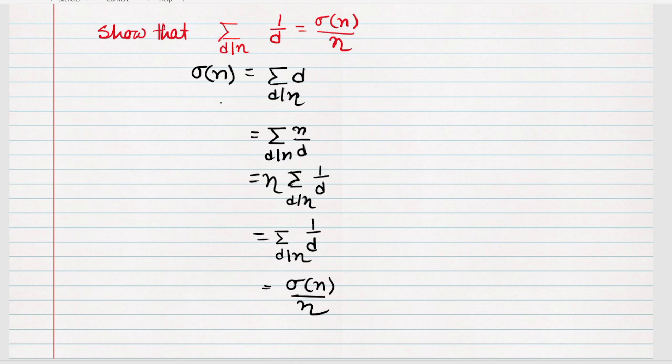So if we have that sigma of n equals the summation of d, then if d is there, we can also replace d with n by d. Then if we remove n from outside, there only remains the summation over d dividing n of 1 by d, which is nothing but sigma n by n.